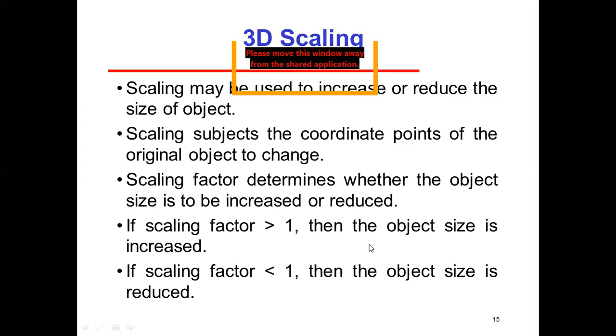If the scaling factor is less than 1, then again it is obvious, the size of the object will reduce. So we can check whether the scaling factor is greater than 1 or less than 1.